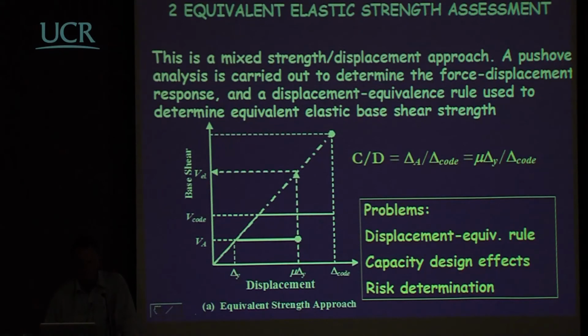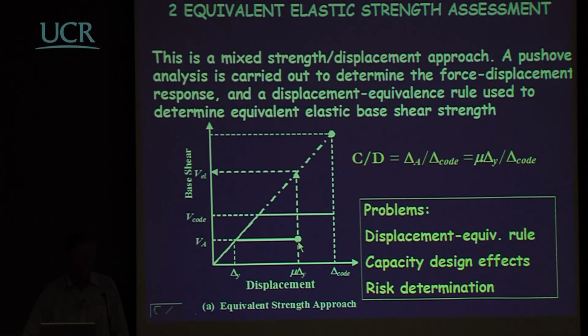Now, since then, we've moved along and equivalent elastic strength assessment is sometimes used, and this is a mixed strength and displacement approach. A pushover analysis is carried out to determine the force displacement response, and a displacement equivalence rule is used to determine the equivalent elastic base shear strength. So here's our calculated response of the structure, and this is the maximum displacement ductility capacity.